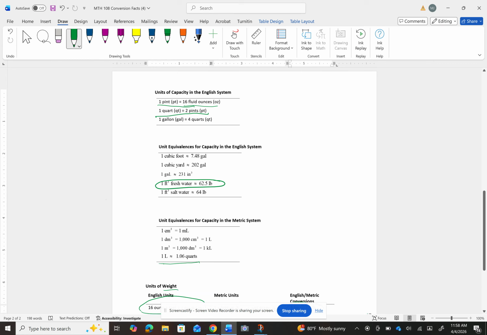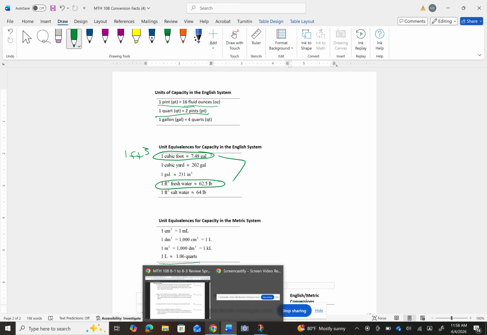Is there something that would help me get from gallons to cubic feet? Yep, right there. Cubic feet, that cubic foot really is 1 feet cubed. So I'm going to use these two, okay? So I'm going to go from gallons to cubic feet, and then from there I can get the weight. All right, so that's my plan, okay?